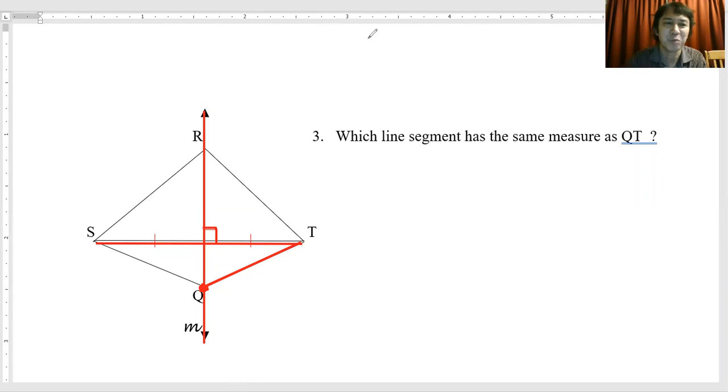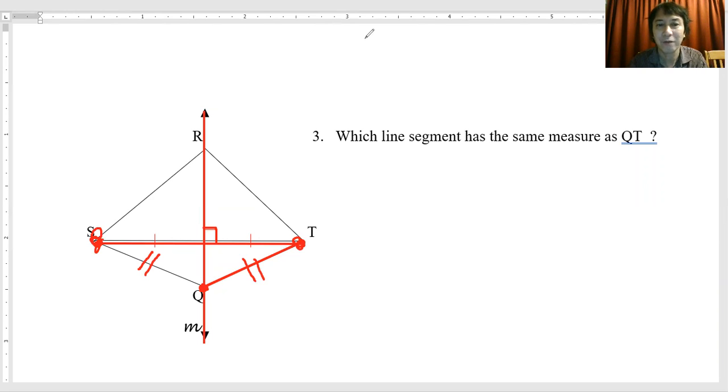And that means we can conclude that QT is equal to QS, because the endpoints are point T and point S. Those are the endpoints, and line M is a perpendicular bisector of segment ST.